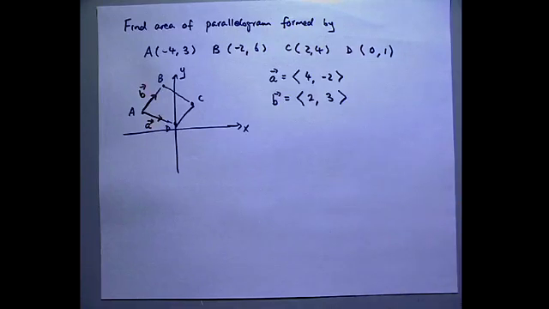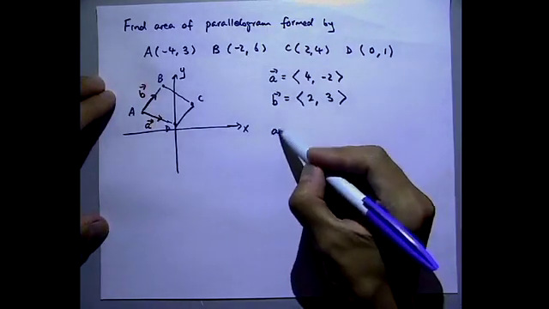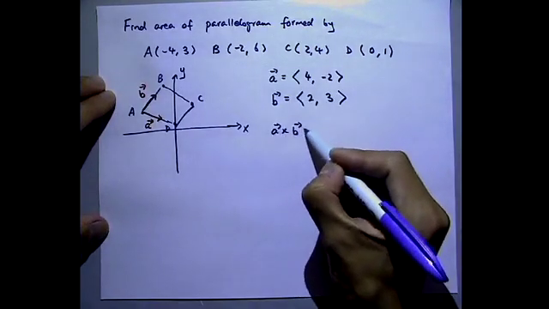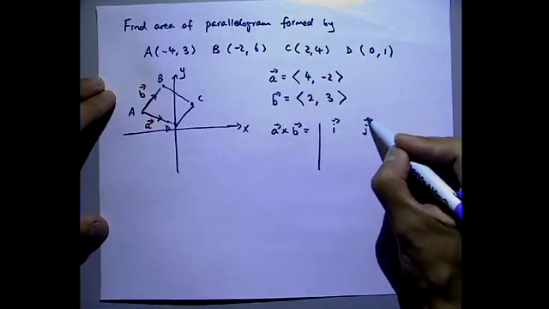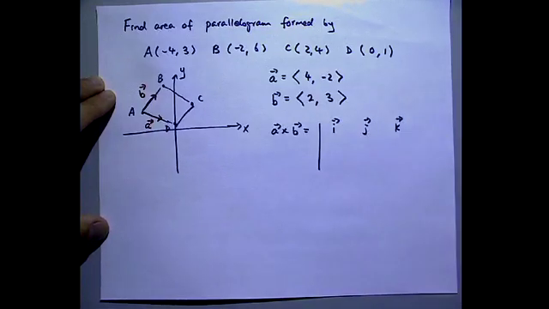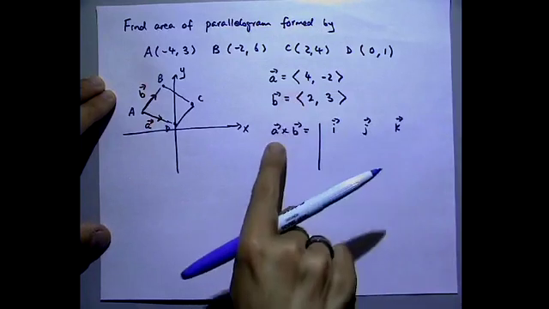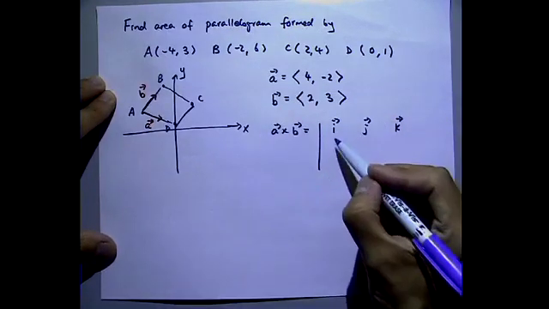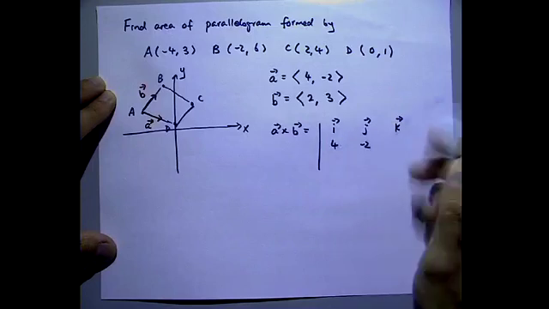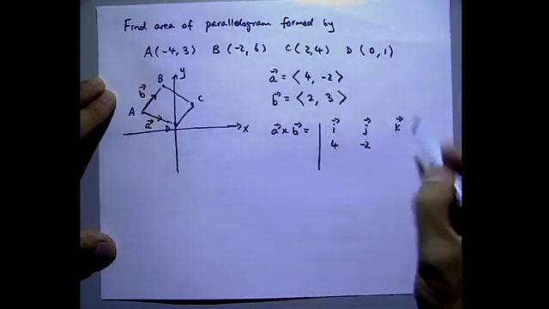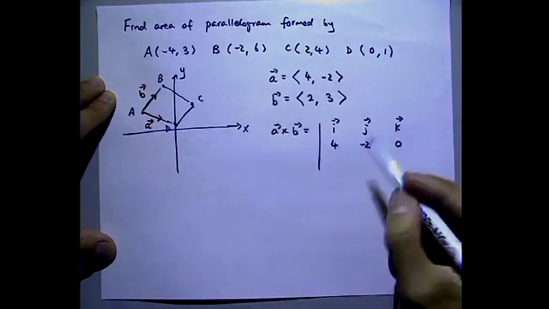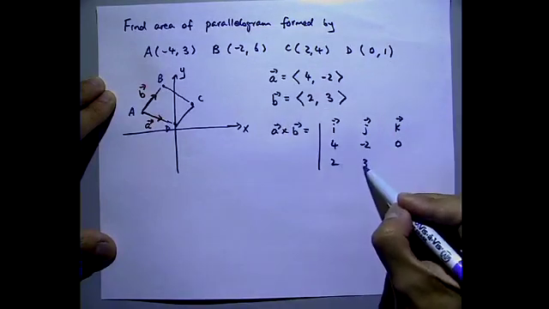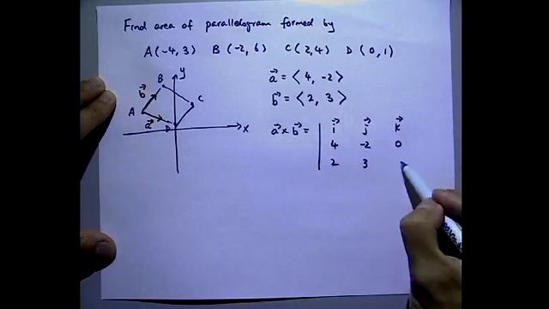We just want the magnitude, so the order doesn't matter. But let's just do A cross B. So A comes into the second row, 4, negative 2. It doesn't have a K component, so that's 0. B comes into the last row, 2, 3. Doesn't have a K component, so it's 0.